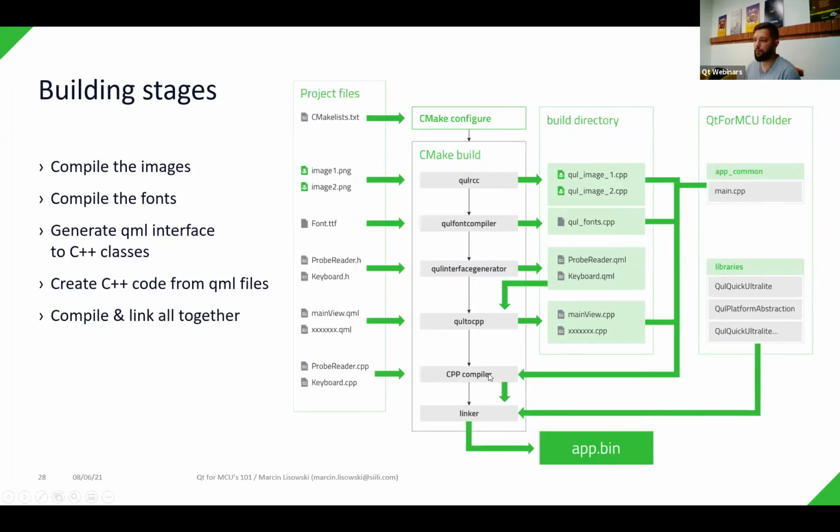The compiler will compile all of those C++ files together. Then finally, the linker will link all of the symbols together, as well as adding the libraries with Qt Quick Ultralite and platform abstraction, and possibly other things that are needed by your application. Well, and finally, you will have the app that can be flashed on the board.